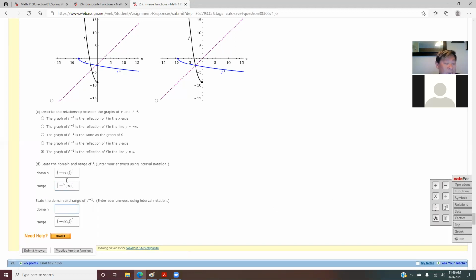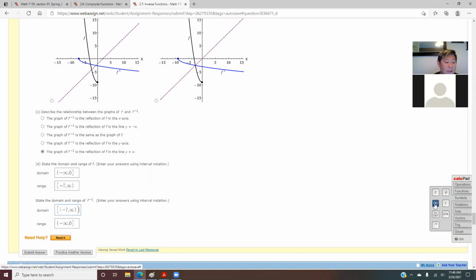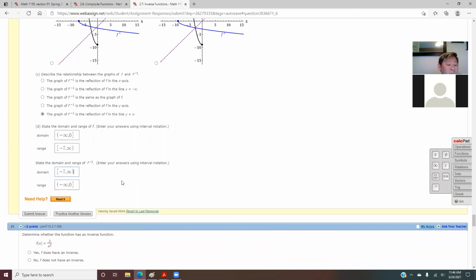So this will be the same as the range of that. Very, very important property here. Make sure you understand this. This is one of the most important properties of inverse functions. They switch around. You got what I'm saying here, Sinu? Yep.